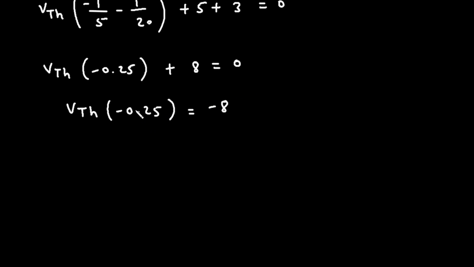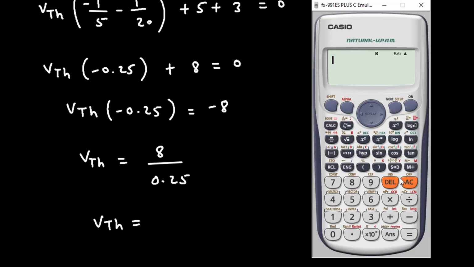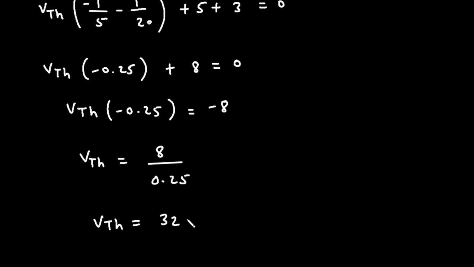If we take this on this side, it will be in division. But before that, this minus and this minus will get cancelled. So VTH is equal to 8 divided by 0.25, so it is 32. 32 volt is the value of VTH.